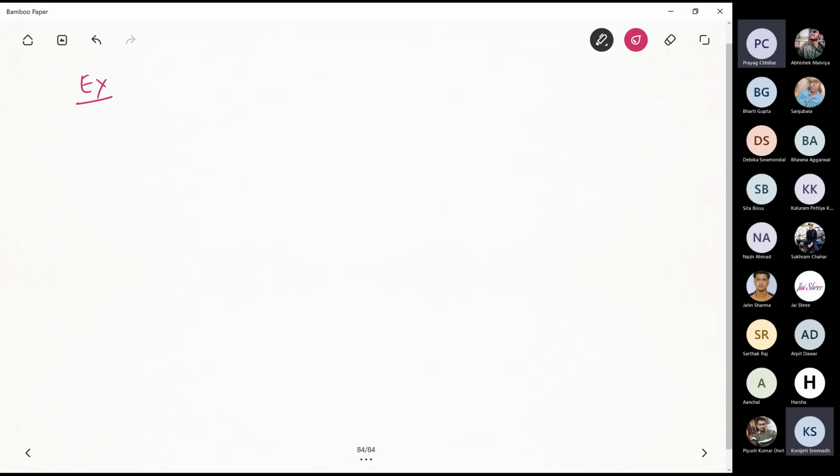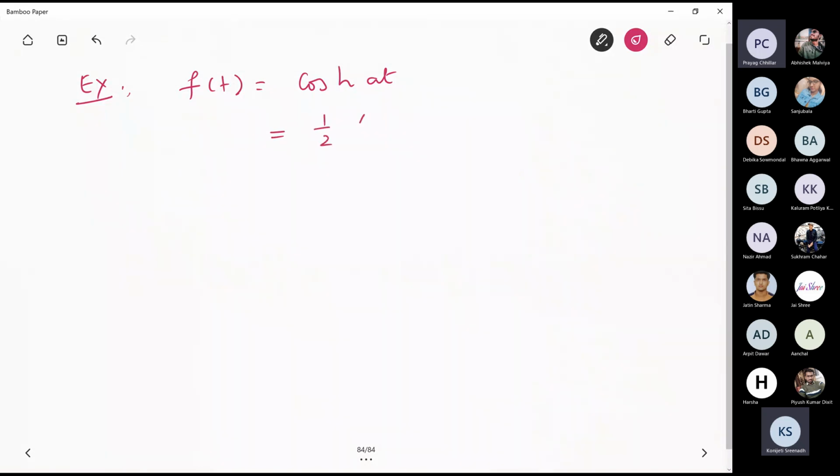So there are functions which are called cos hyperbolic functions and also sine hyperbolic functions. So cos hyperbolic at is nothing but half of exponential of at plus exponential of minus at.